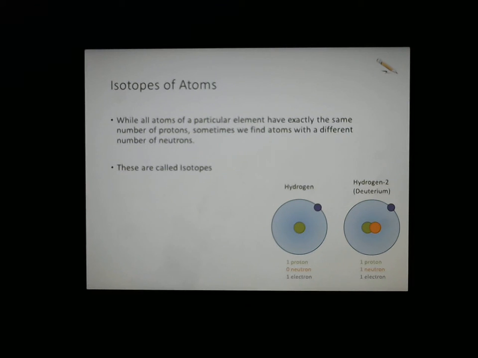But on the scale of nuclear physics, down at the nucleus level, they are different. And we call these different versions isotopes. So these are both isotopes of hydrogen. There's another isotope of hydrogen called H3 or tritium, which is radioactive and a little bit dangerous.